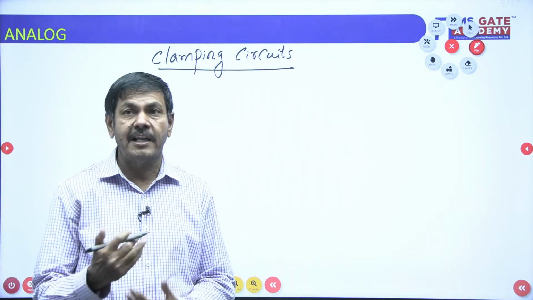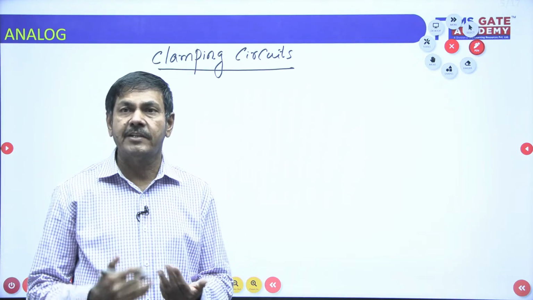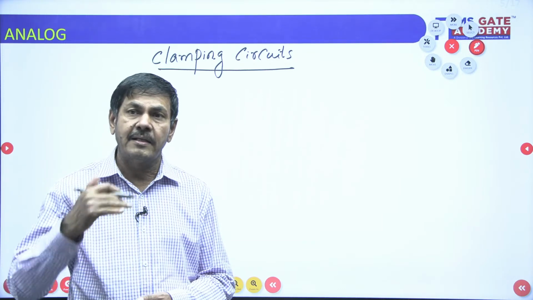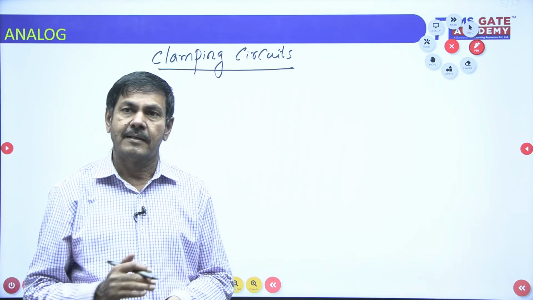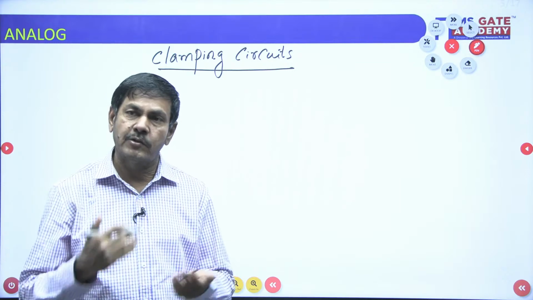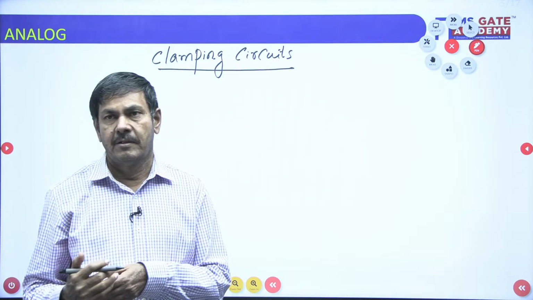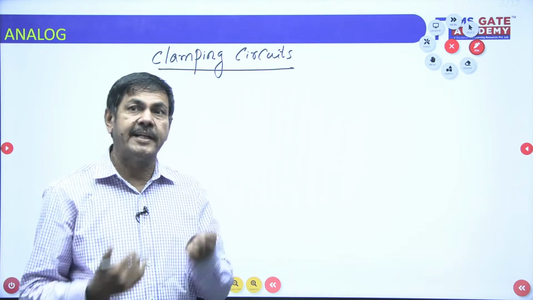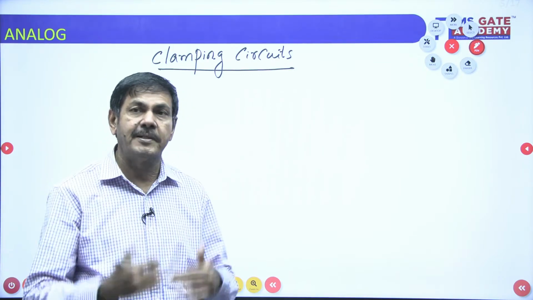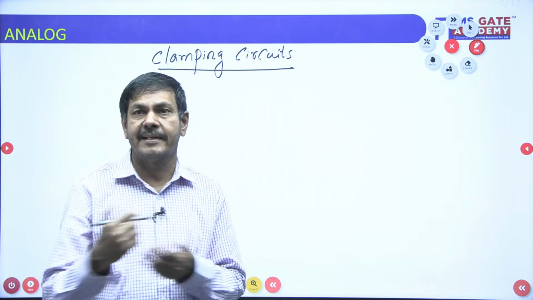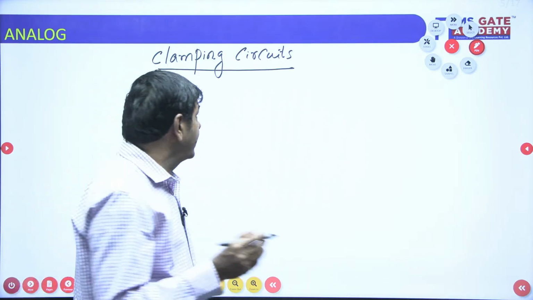We can define clamping like this: the shifting of the input waveform to the required reference level. Required reference level means it will be shifted to the positive side, otherwise it will be shifted to the negative side. Shifting will be done to the positive level or negative level. That's why we can define it like this.